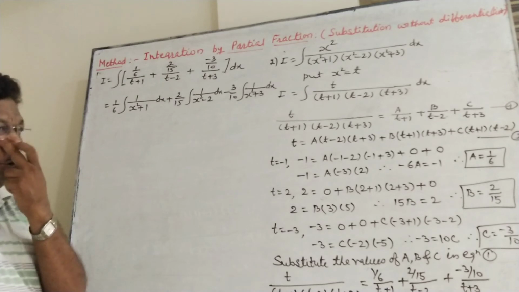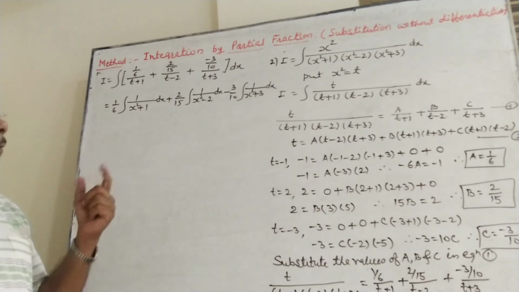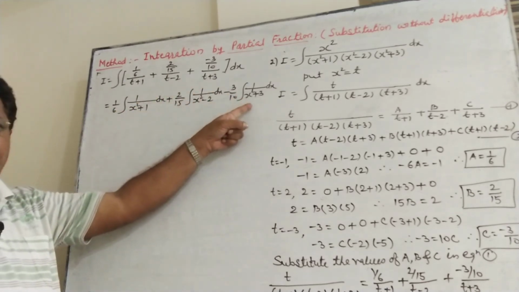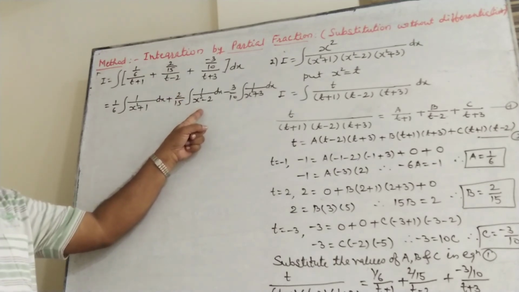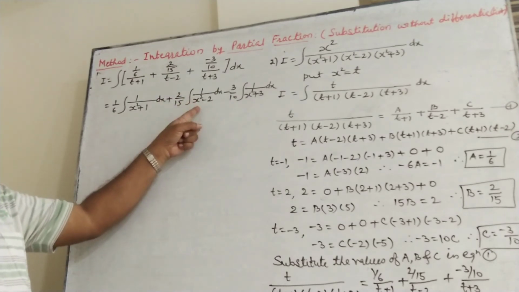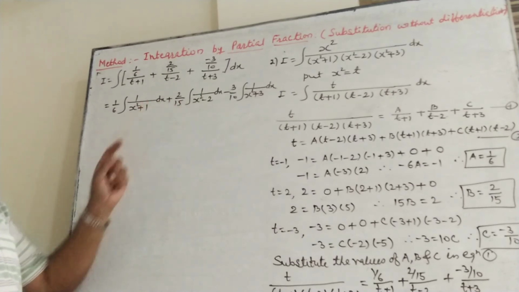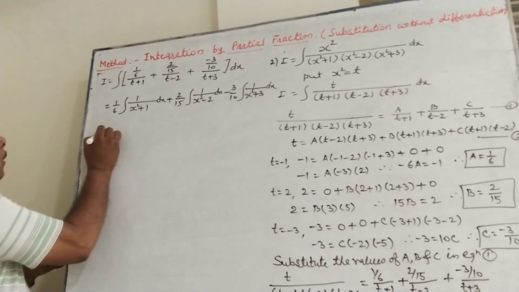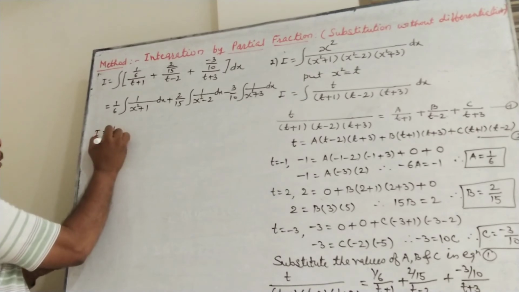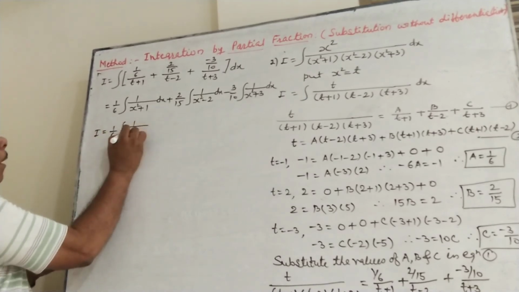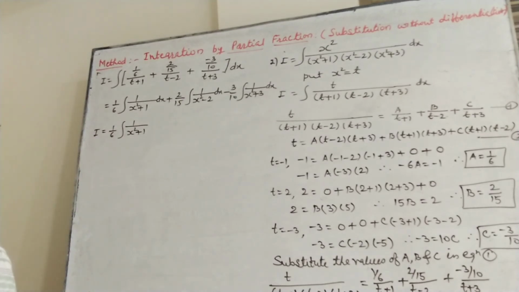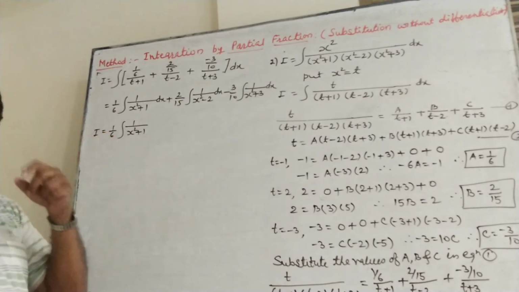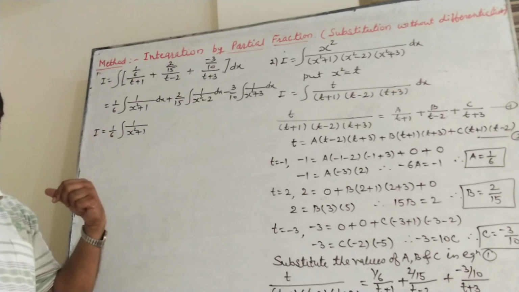Now here we have to use the formula integration 1 upon x square plus a square for the first and third term, and for the second term we have to use the formula integration 1 upon x square minus a square. Okay, so this becomes I is equal to 1 by 6 integration 1 upon x square plus 1. This is the standard formula, so keep it as it is, because the derivative of tan inverse x is 1 upon 1 plus x square.